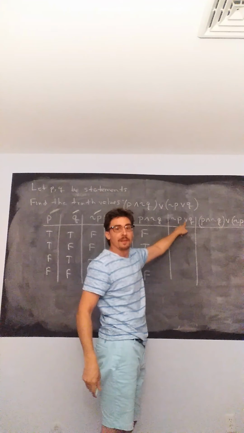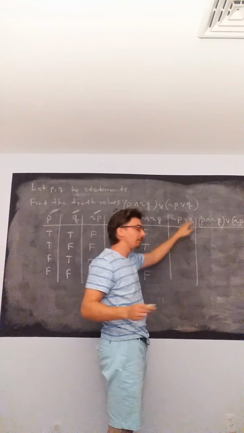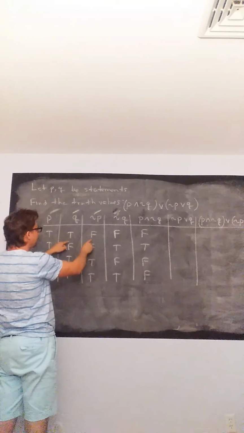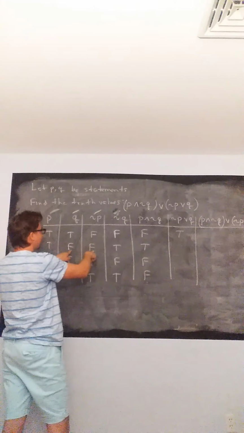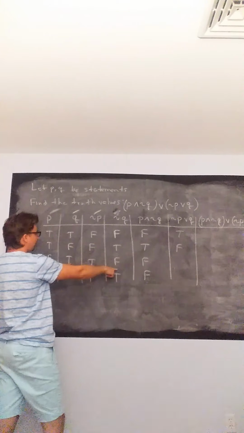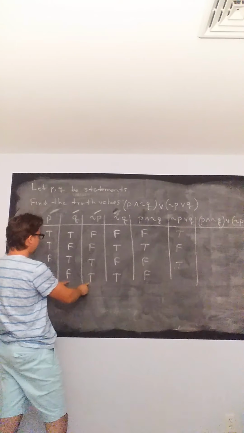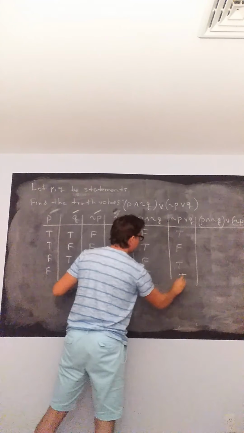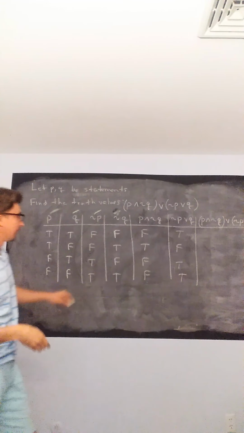So remember, an or statement is true as long as at least one of them is true. So in this spot, that's true. In this spot here, that's false because they're both false. You have true, false, so that's going to be true. And then you have false and a true, so that's going to be true. So it only turns out to be one false statement there in this position here.